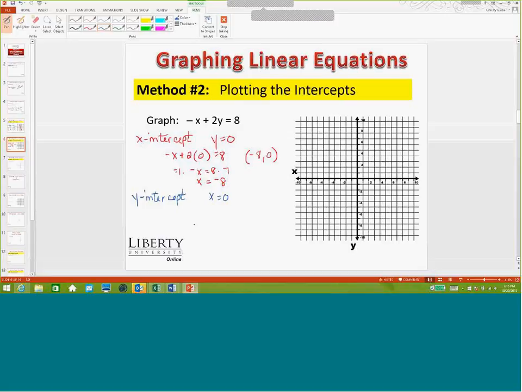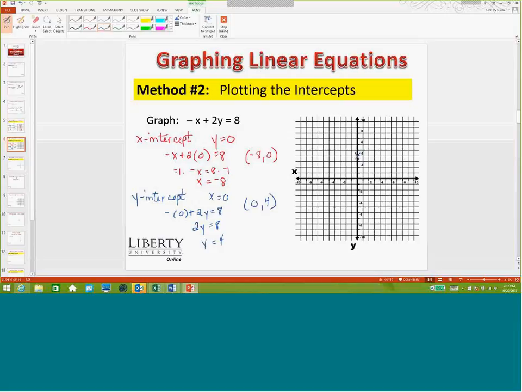That just goes away, so 2y is equal to 8. And so divide both sides by 2, and we have y is equal to 4. So the y-intercept, where x is equal to 0, is 4.